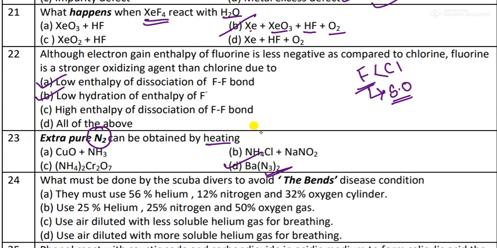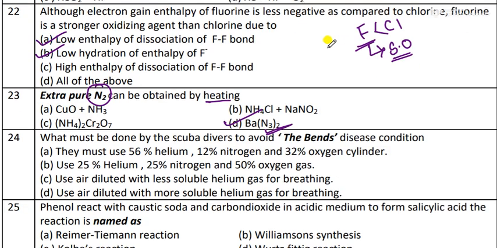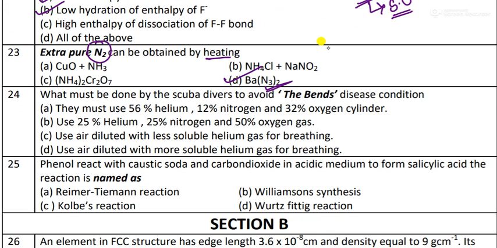You see, the electron gain enthalpy, taking fluorine and chlorine, chlorine's is more. But fluorine is considered the strongest oxidizing agent. The reason behind it is the low hydration enthalpy and also the low bond dissociation enthalpy. So both A and B are coming. You can go with option B only.